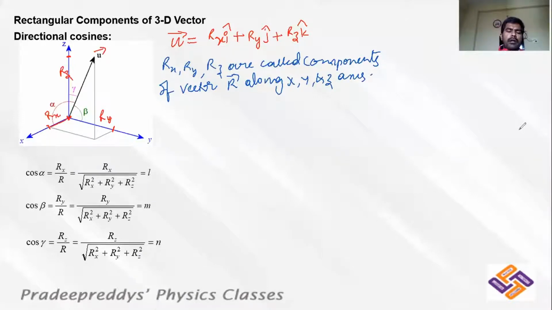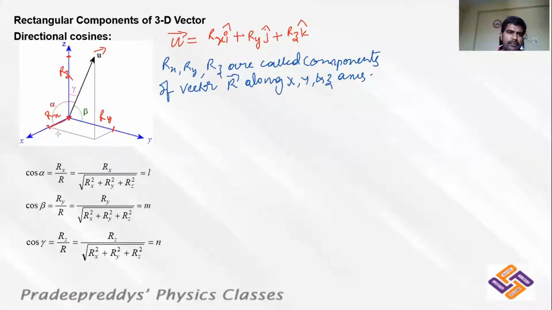Now from this figure, you can clearly see that u bar is making an angle alpha with x-axis, beta with y-axis, and gamma with z-axis. So you can construct a right angle triangle with x-axis, y-axis, and z-axis. You can construct a right angle triangle in each case. Like if you are dealing with x-axis, you need to project this vector to this position like this.